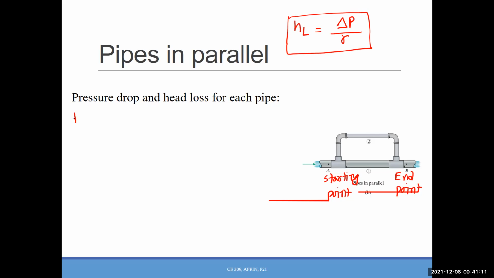Now, for pipe 1, what is the pressure drop? Pressure at A, PA, minus PB, right? That is the pressure drop for pipe 1. Do you agree on that? What about pipe 2? What is the pressure drop?